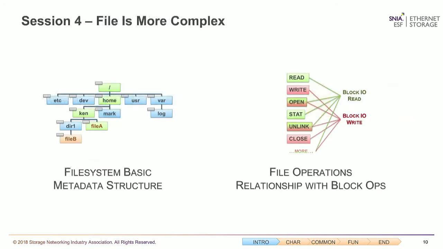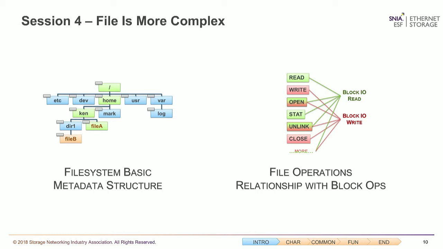But then we moved on and said block is not everything, it's a foundation, but there are other things existing in the world, and that happens to be file. File appears to be more complex, especially for somebody who is block-only trained, and the complexity is bound by the metadata.